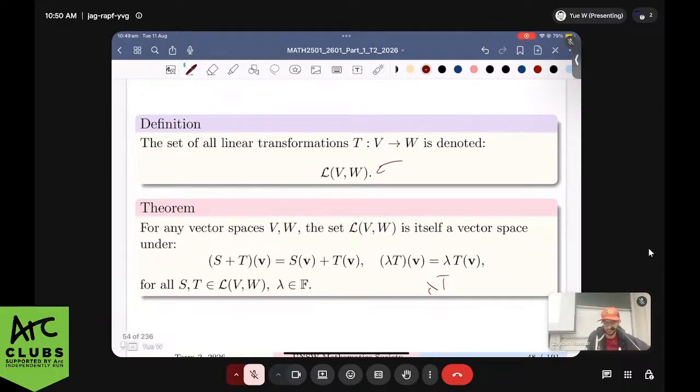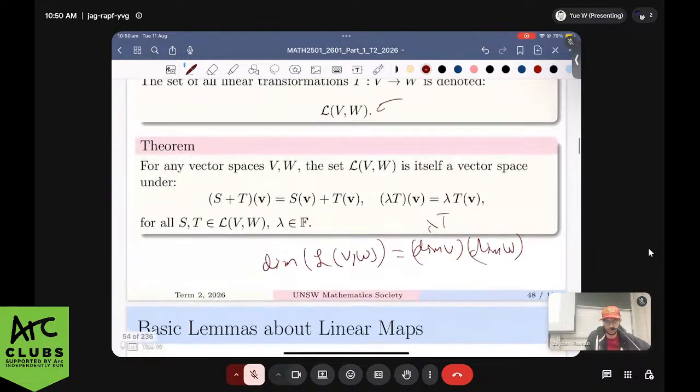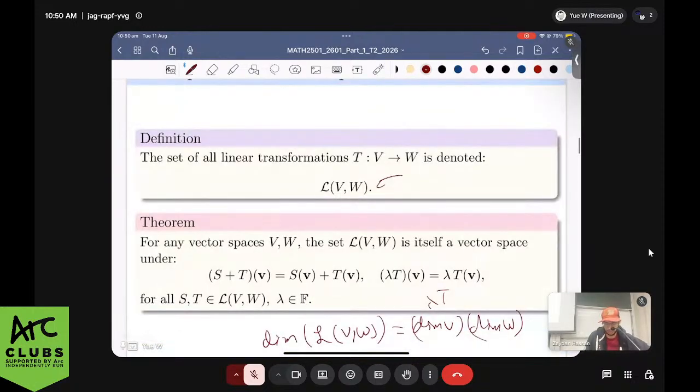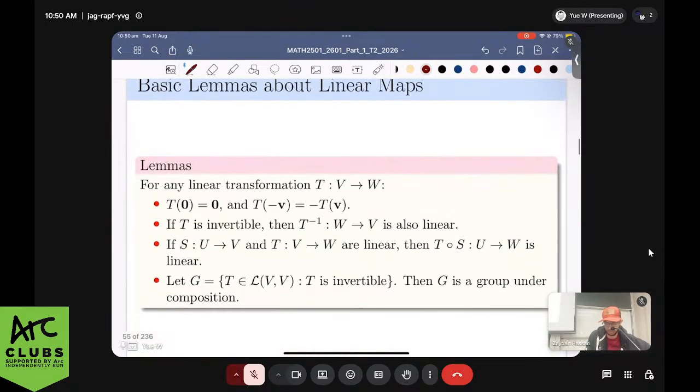It's pretty simple. One thing to note is that if V and W are finite dimensional, the dimension of the space L of V, W is actually dim V times dim W. This is pretty useful to know. This only works if it's finite dimensional, but I guess it also works if it's infinite dimensional. Infinity times infinity is infinity, but that's not really worth noting.